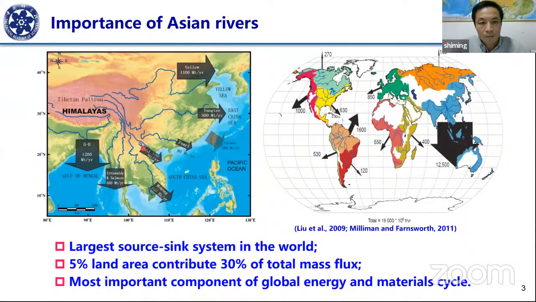There are many great rivers in Asia, including the Yellow River, the Yangtze River, Pearl River, Red River, Mekong River, Irrawaddy, Salween, and the Ganges, Yarlung-Brahmaputra River and the Indus River. In total, only 5% of the land area on the Earth's surface contributes nearly 30% of the solid or dissolved loads to the world oceans. So this is very important in the global energy and material cycle.